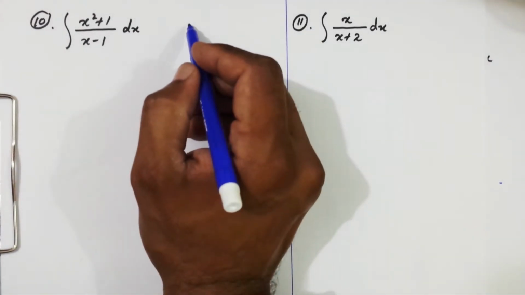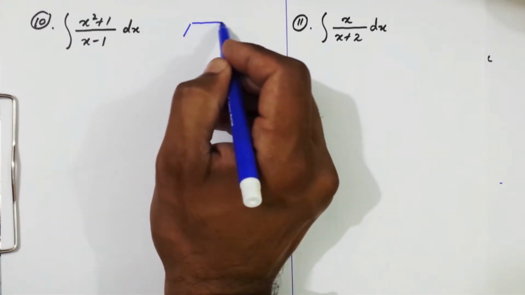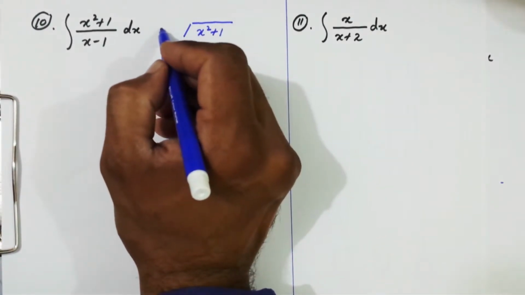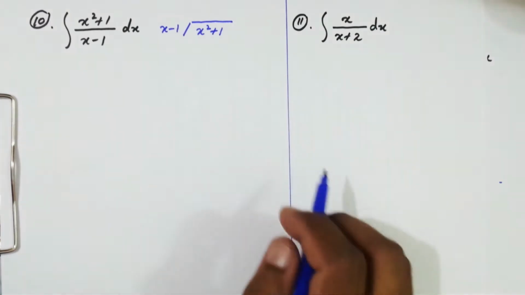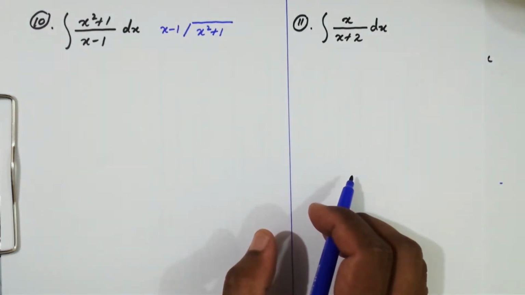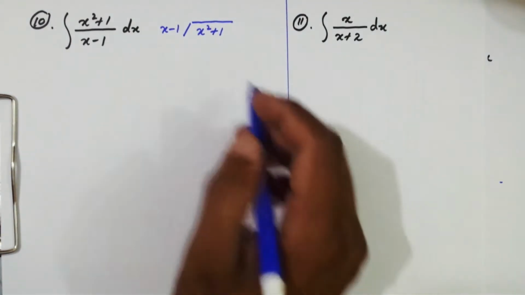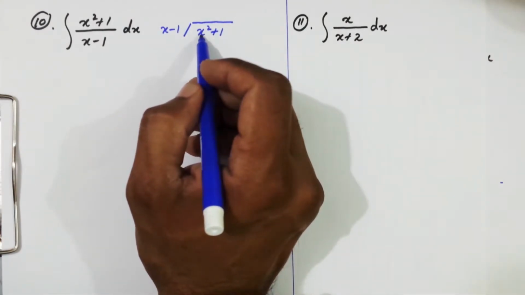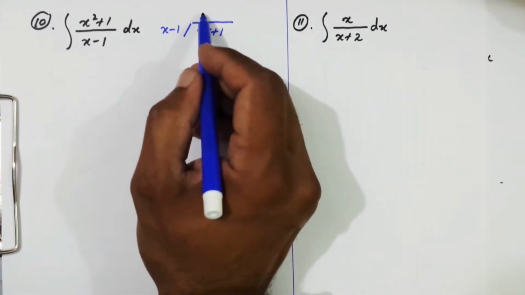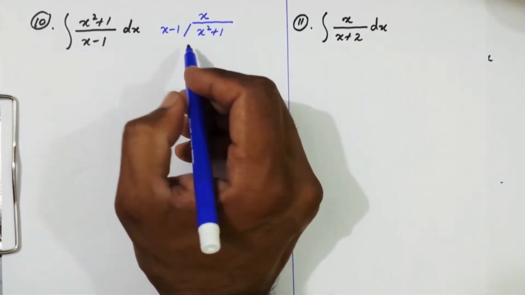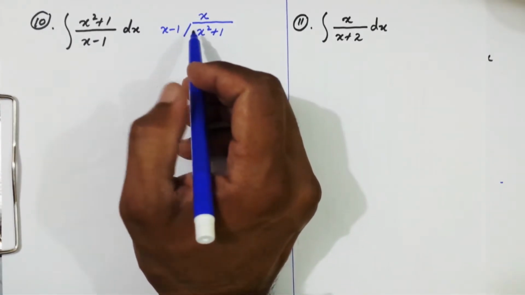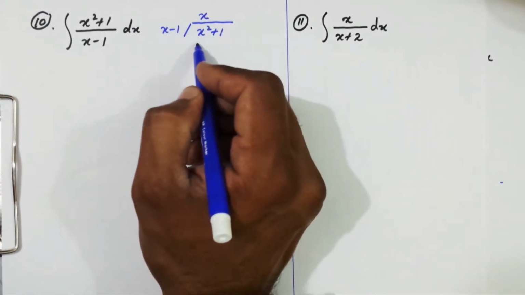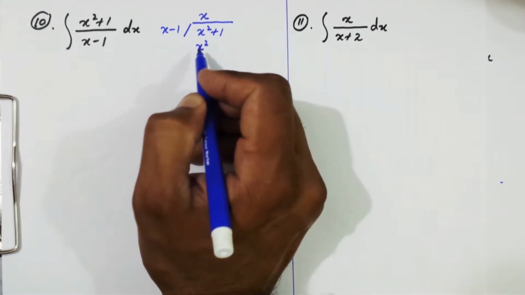In this type of question, first you will divide the numerator by its denominator by the long division method. Here you are going to do the long division method. Here you require x square, so you will multiply x with x, then you will get x square.